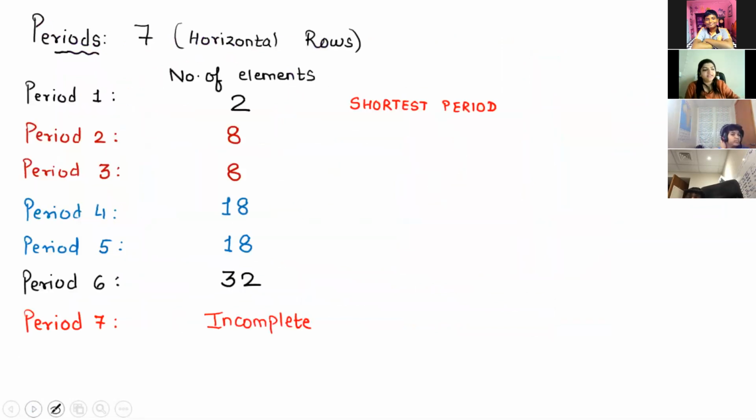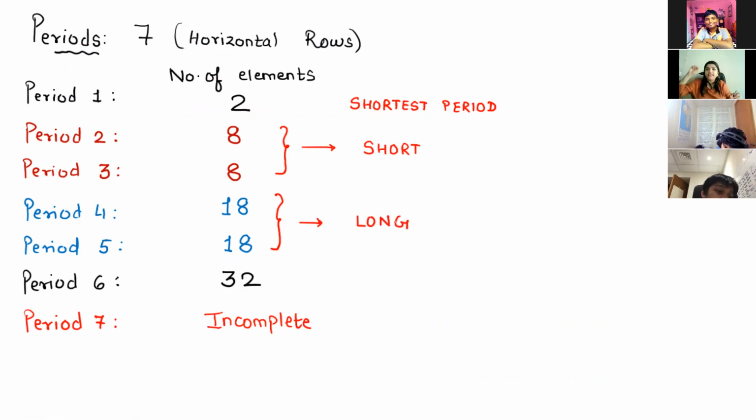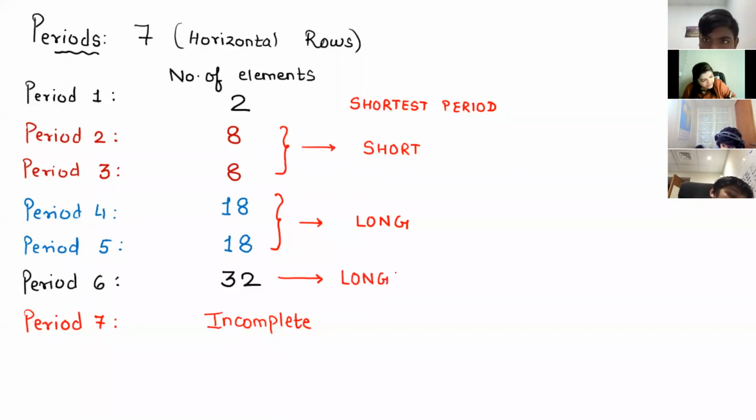Okay. Yes, so period 1 is the shortest period, periods 2 and 3 are called short periods. Periods 4 and 5 are called long periods. Shortest period, short period, long period, and period 6 is called the longest period.